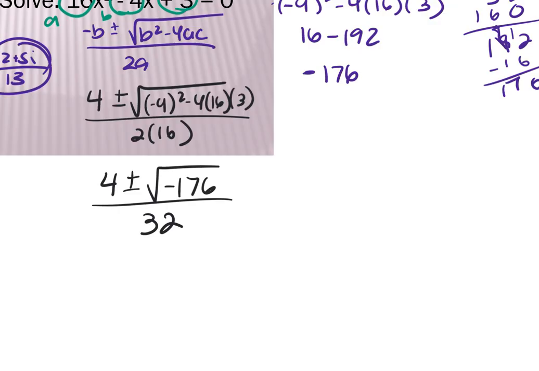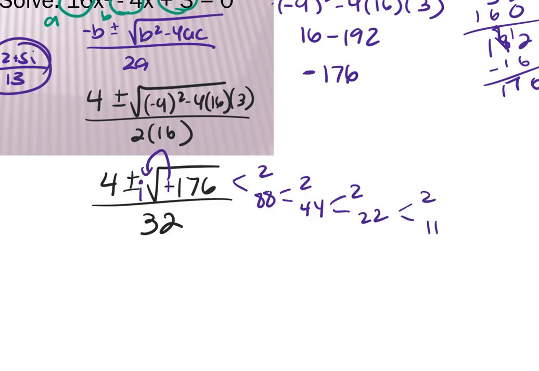Now I know the negative means I'm going to bring an i to the outside. That makes that a positive 176 inside now. And then 176 is even. 2 goes into it 88 times. 2 goes into that 44 times. 2 goes into that 22 times. 2 goes into that 11 times.